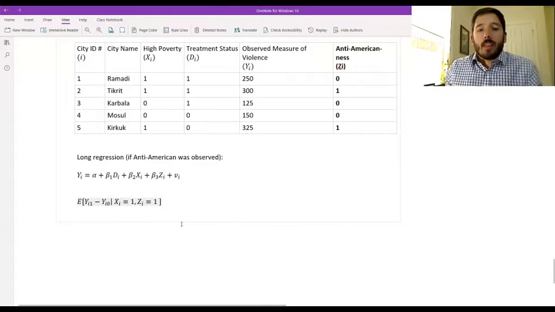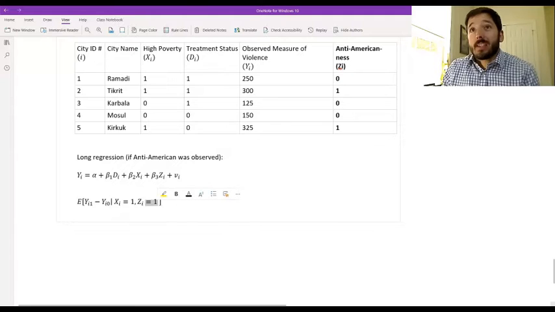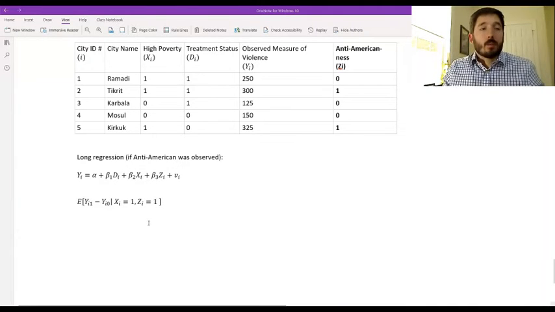So now we're looking at the difference between the high poverty cities that are also anti-American, treatment versus control, and we're going to do the same thing for x_i equals 0 and z_i equals 0.